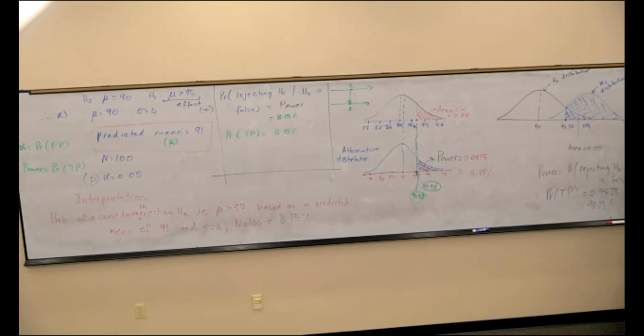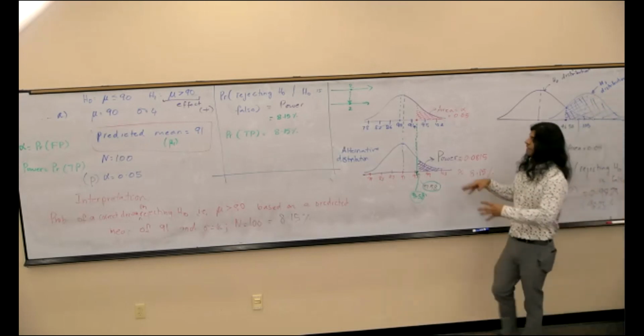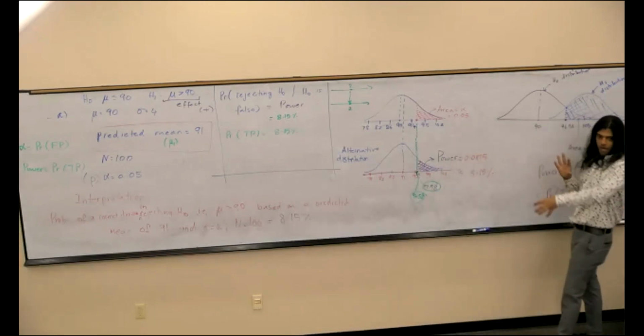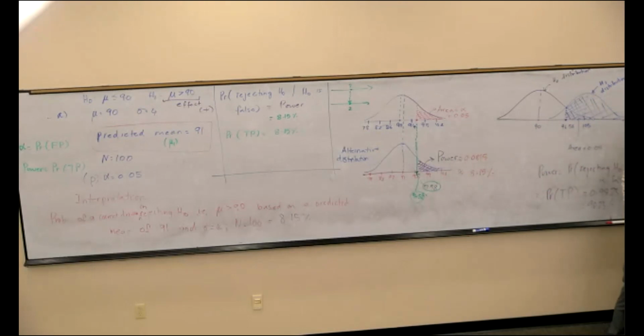Now, do keep in mind, I'm doing this under several assumptions, just to illustrate the concept of power, type 1 error, and beta, type 2 error, probabilities. In real life, the power part, the probability of beta part, is completely hidden because it's theoretical.